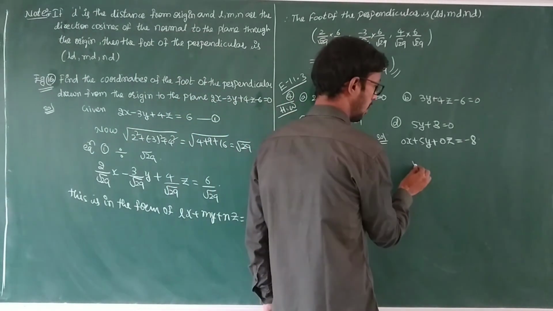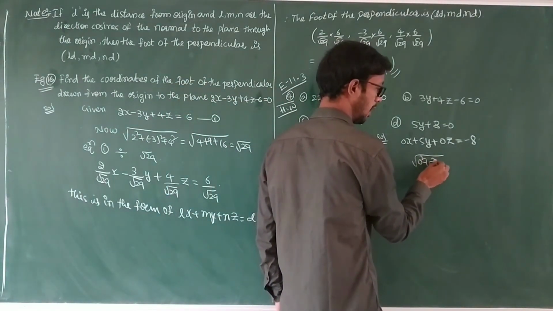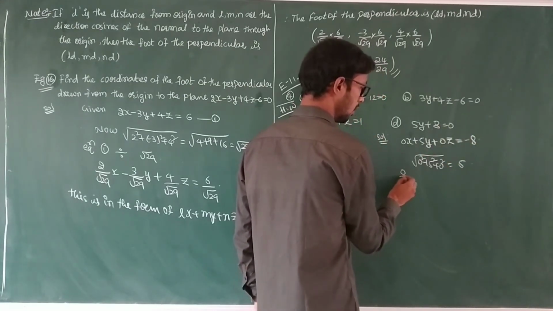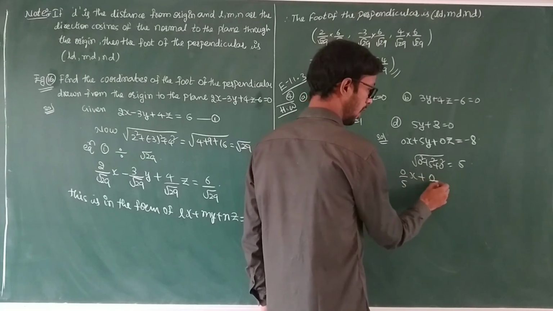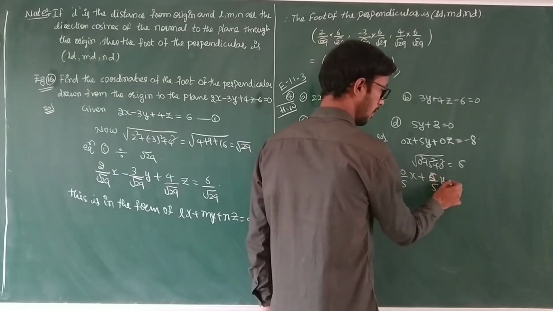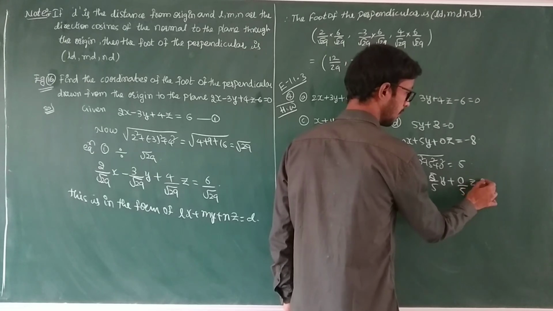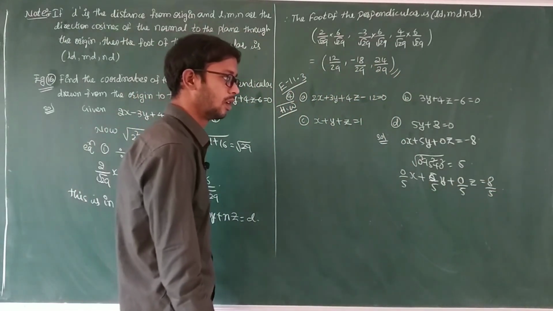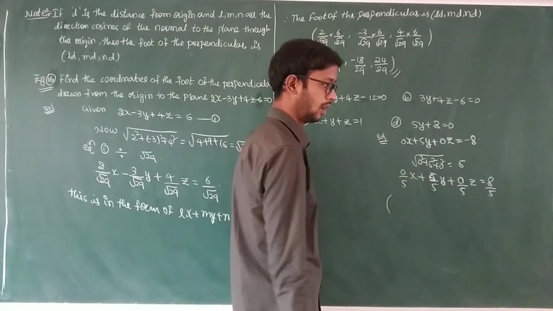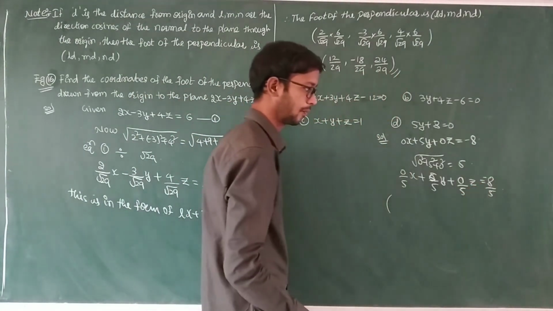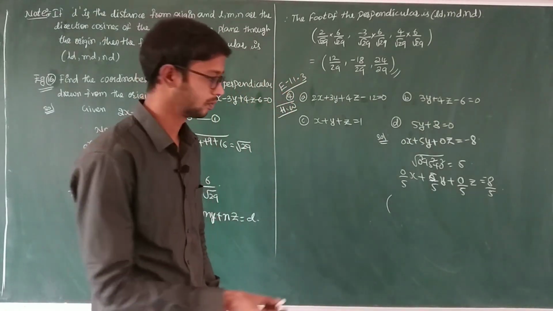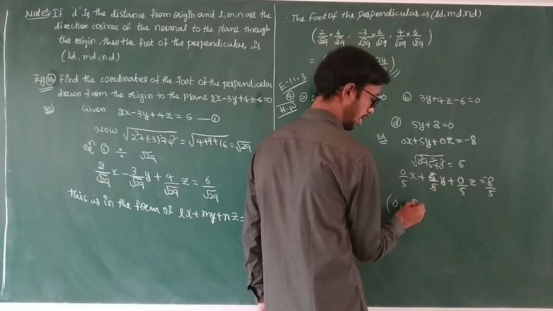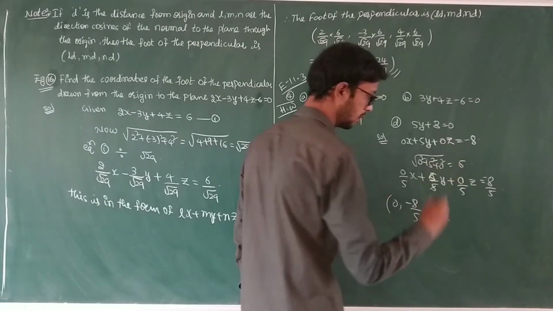So now the square root of 0 squared plus 5 squared plus 0 squared is 5. 0 by 5 x plus 5 by 5 y plus 0 by 5 z equals minus 8 by 5. So how to find the values here? Here minus 8: LD is 0, MD is 1 into minus 8 by 5, and ND is 0.